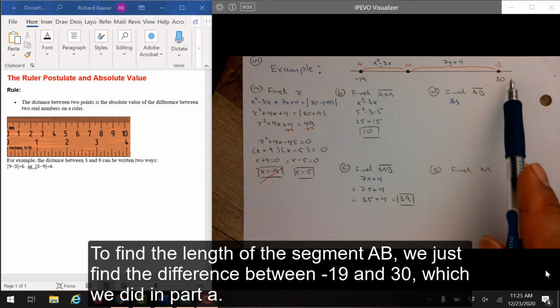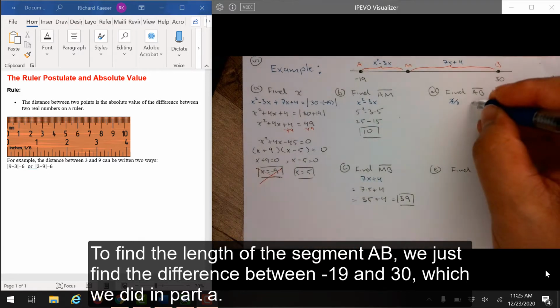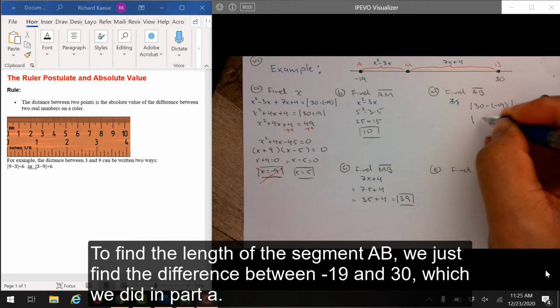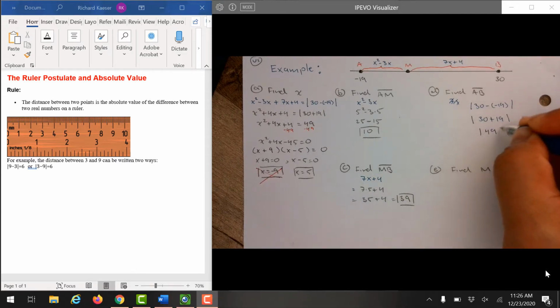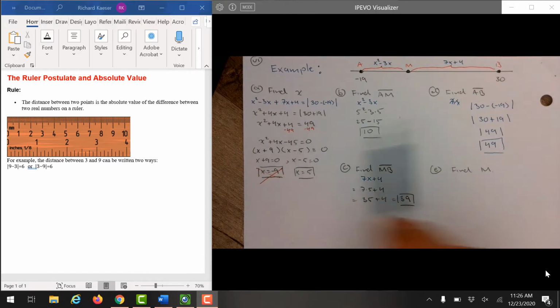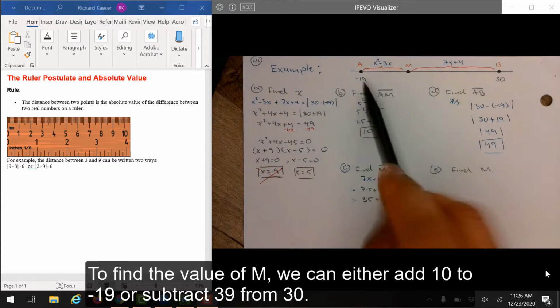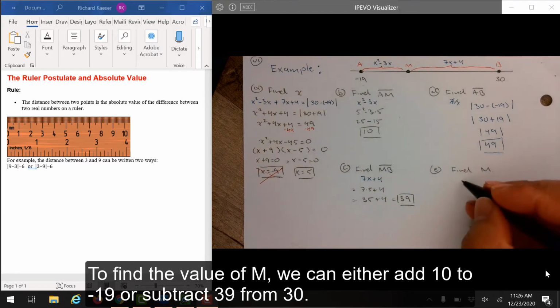To find the length of segment AB, we just find the difference between negative 19 and 30, which we did in part A. To find the value of m, we can either add 10 to negative 19 or subtract 39 from 30.